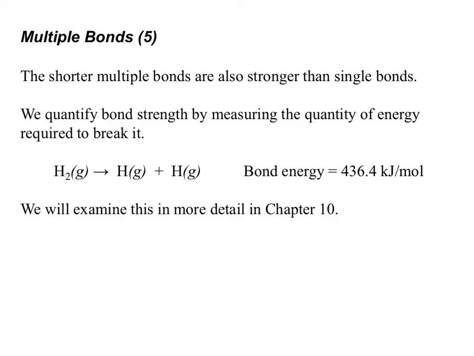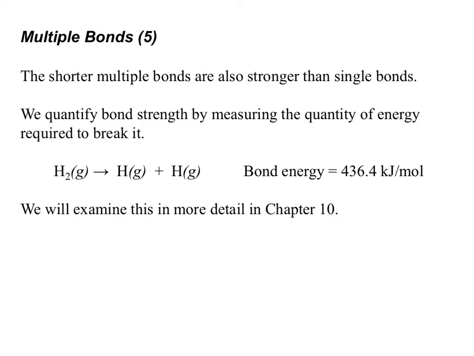We quantify bond strength by measuring the quantity of energy required to break it. So for example, if you have hydrogen gas, 2 hydrogen atoms bonded together, the bond energy is 436.4 kilojoules per mole, which is the energy required to split the 2. We will be examining this in more detail in chapter 10.